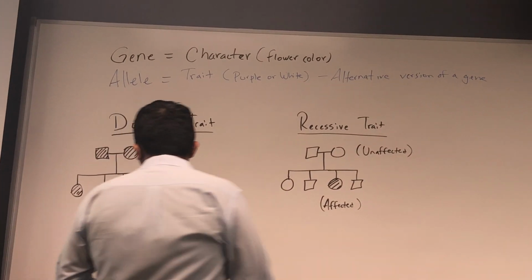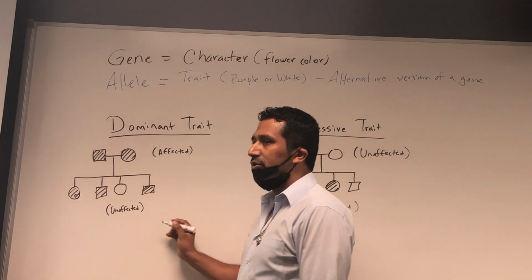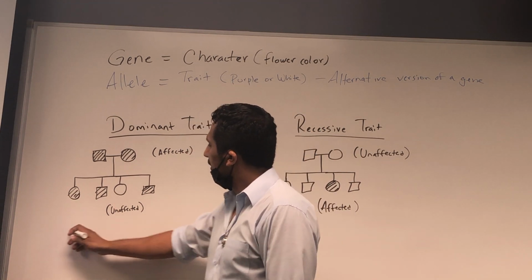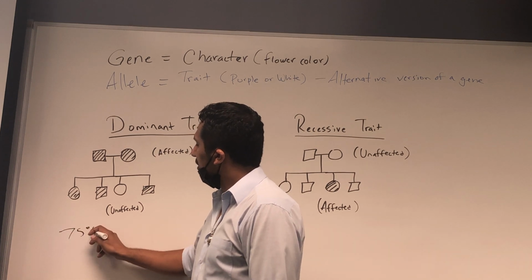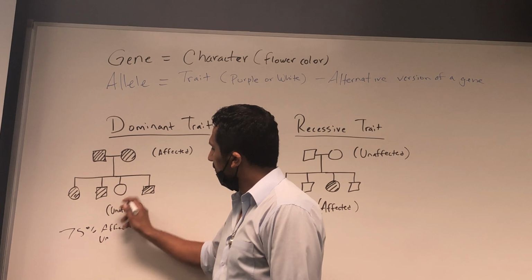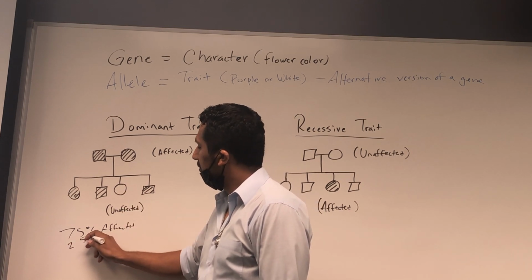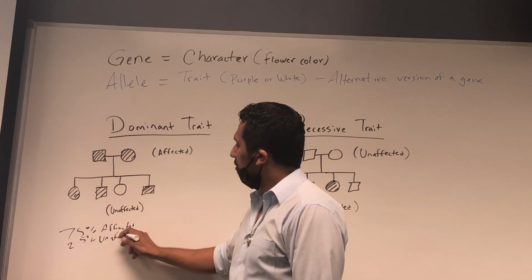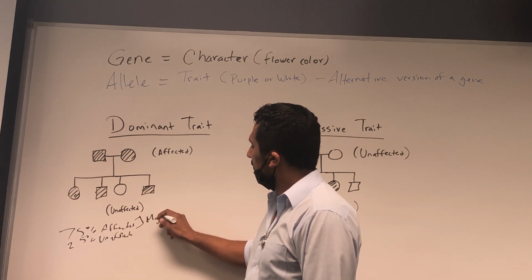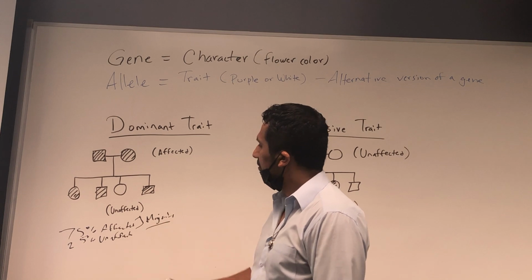Why is that? Notice here, all of them are affected, right? So what is the percentage of affected in this case? 75% affected, right? Unaffected, 25%. So that means the majority. That's like the 3 to 1 affected population.